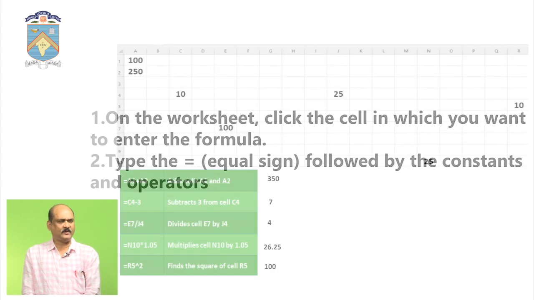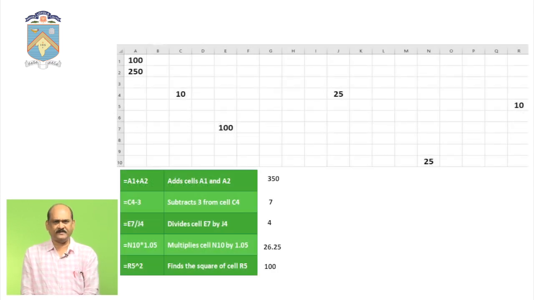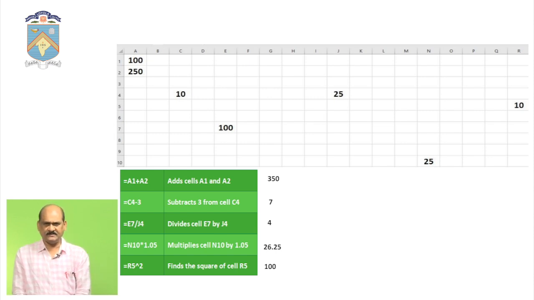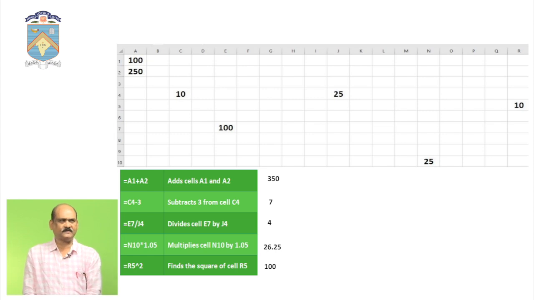Say in this example, some data is already there in the Excel sheet: A1 is 100, A2 250, C4 10, E7 100, J4 25, N10 25 and R5 10. This is the data already filled in this worksheet.